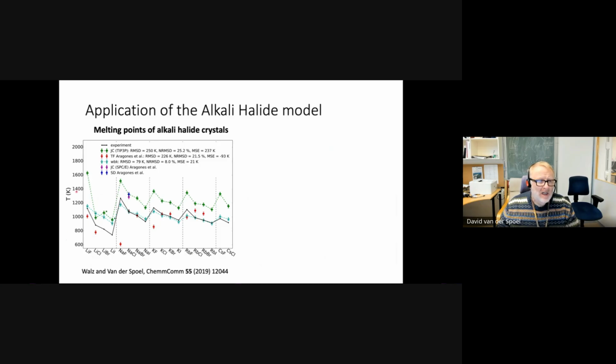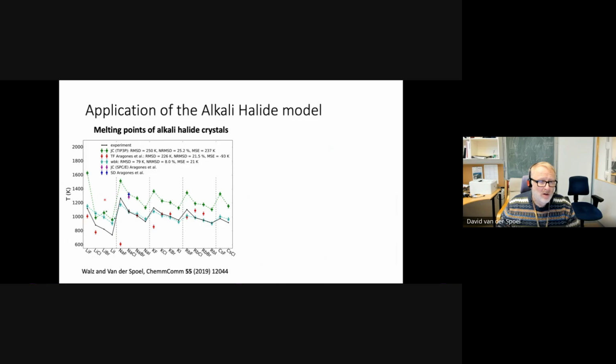And on the y-axis is the temperature of the melting point. You see that we now, in principle, have one model that should describe everything. The melting temperatures vary from 700 or so to more than 1200. So it's quite difficult.